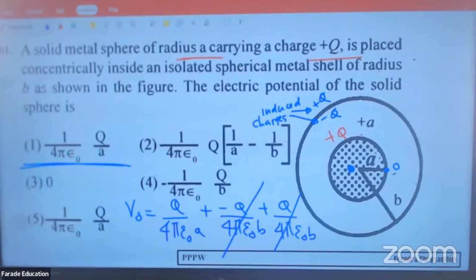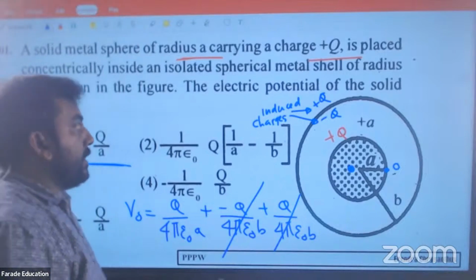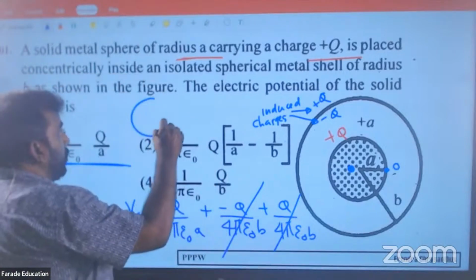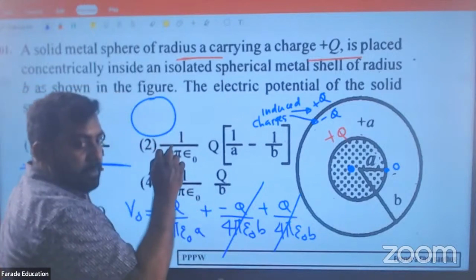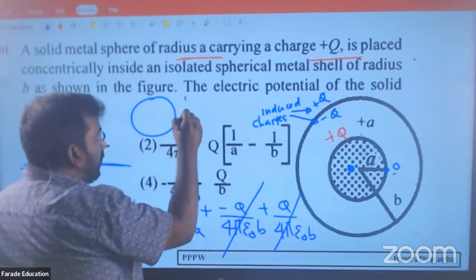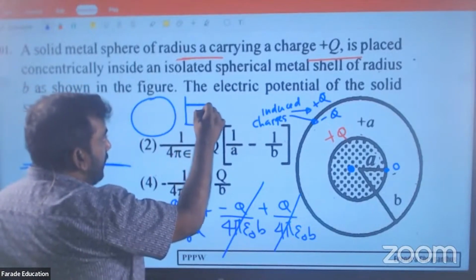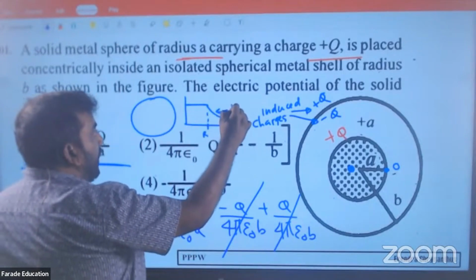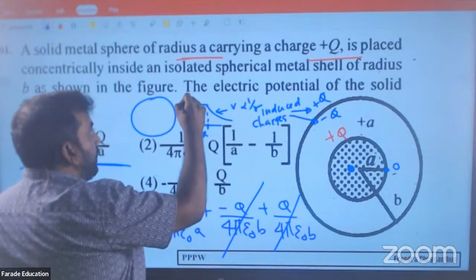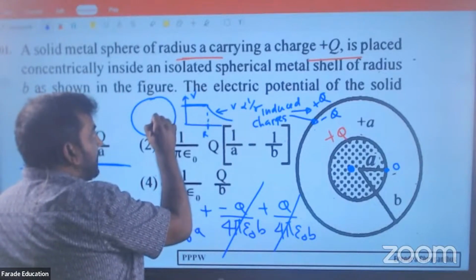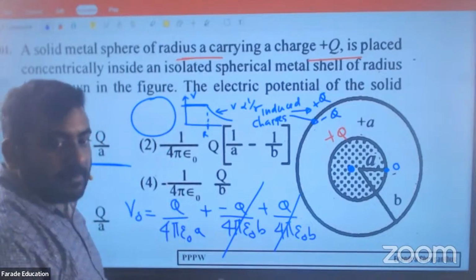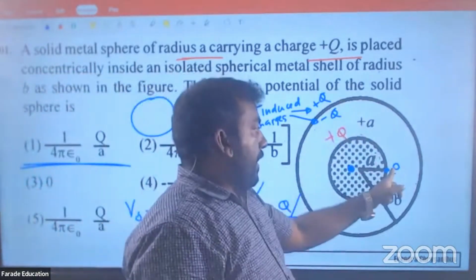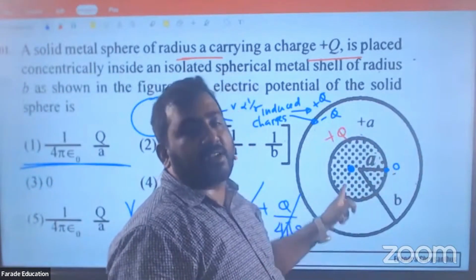For the ones who don't know this, remember the potential inside is going to be constant up to the radius, and outside the radius it goes as 1 over r. The potential inside and on the surface are both the same. So, where is point O? On the surface of the shell.